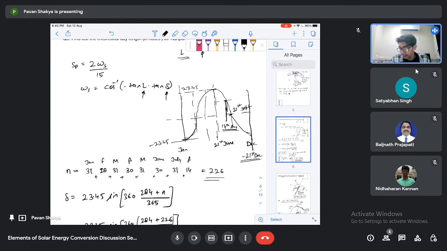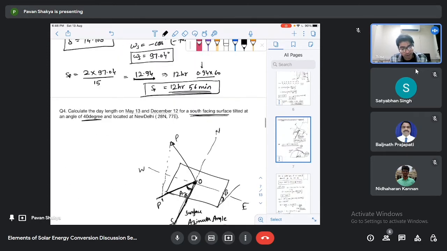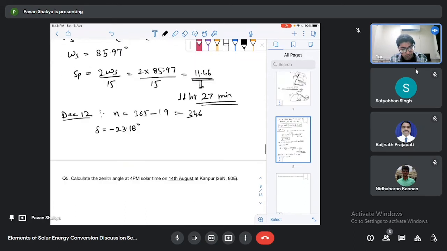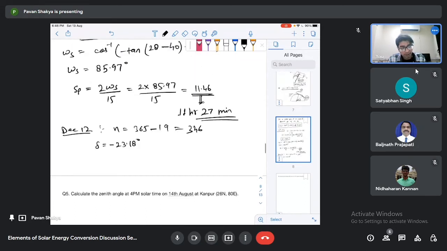Now we are discussing 12 December, which is near to this 21st December, so the value should be near to minus 23.45 degrees. The same we have achieved, with very little difference, as only around 9 days remain to 21st December. So this is the value for delta.